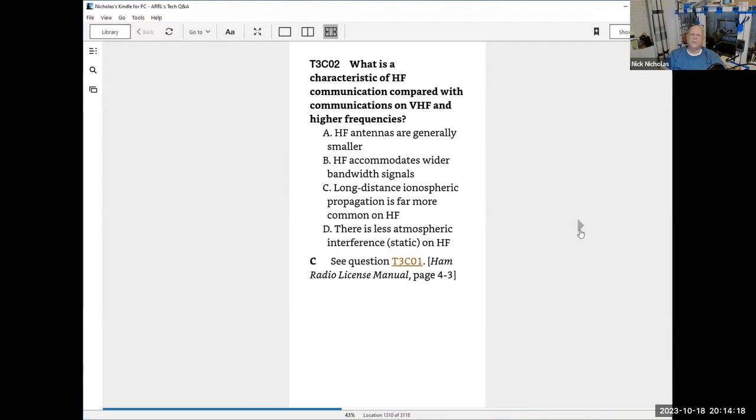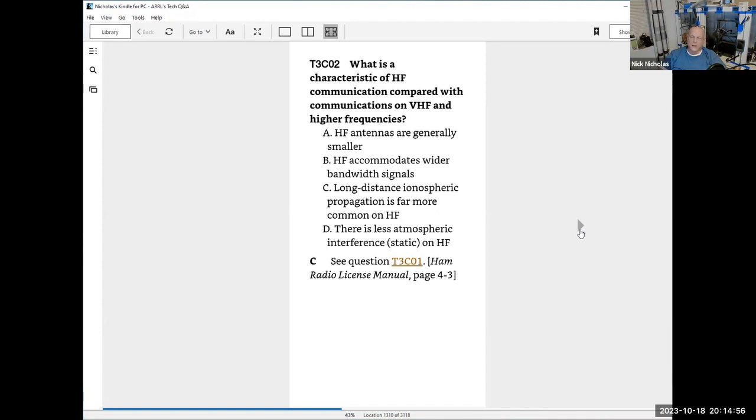What is the characteristic of HF communications compared with communications on VHF at higher frequencies? And the answer here is C. Long distance ionospheric propagation is far more common on HF. The lowest VHF frequency, and the one that technicians have full access to, is 6 meters. We call 6 meters the magic band because 6 meters sometimes behaves just like an HF frequency.